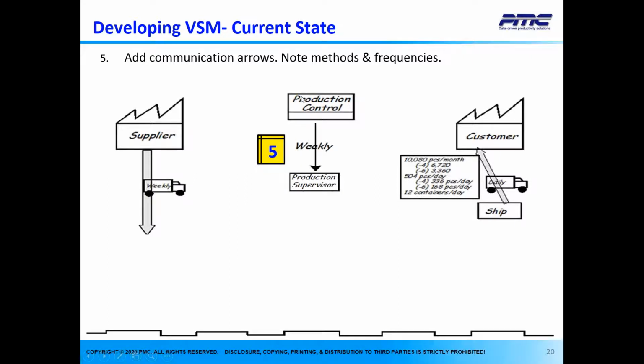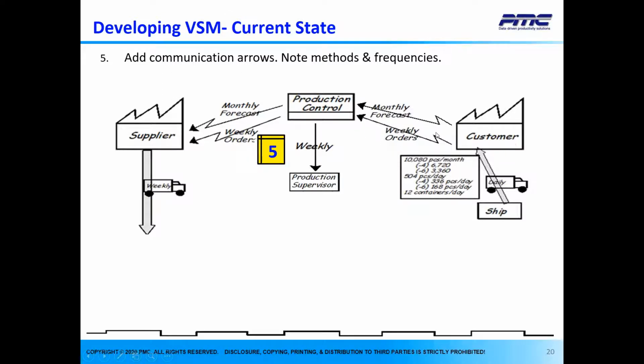Okay, so my production control sends the production supervisor what to produce at what quantity on a weekly basis. Then production control sends the forecast to the suppliers, but then orders weekly, as we defined it already in the receiving icon.